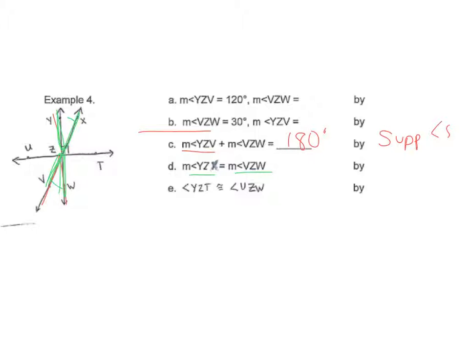They are vertical angles, so by the vertical angle theorem. I'm just going to write VAT from now on for vertical angle theorem. The vertical angle theorem says that if two angles are vertical, then their measures are equal, or the angles are congruent. And then the last one is, why is angle YZT equal to UZW? These are also vertical angles. These angles right here are equal because they're vertical angles, so the vertical angle theorem.